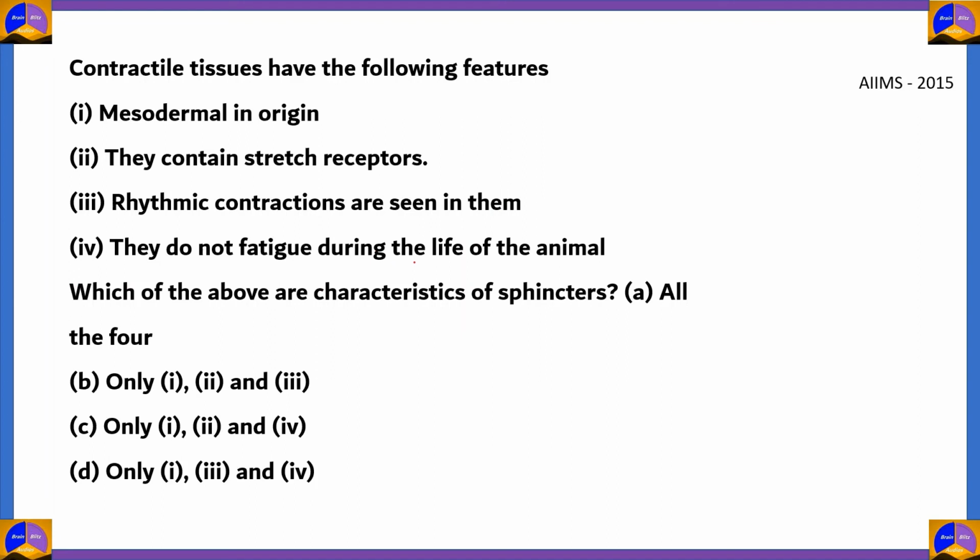And 4, they do not fatigue during the life of the animal. So according to our chapter, the right answer is option B, because these 3 characteristics are found in contractile tissues.